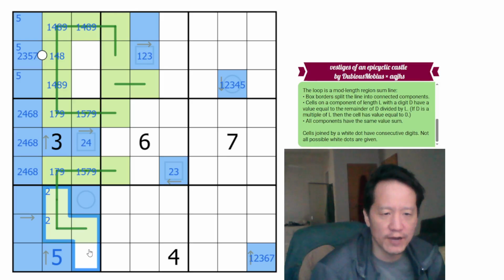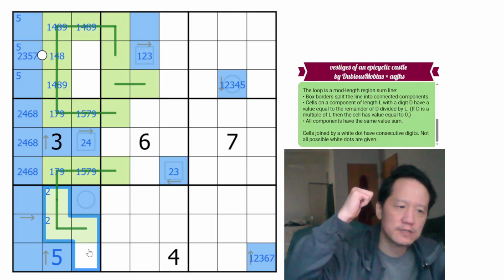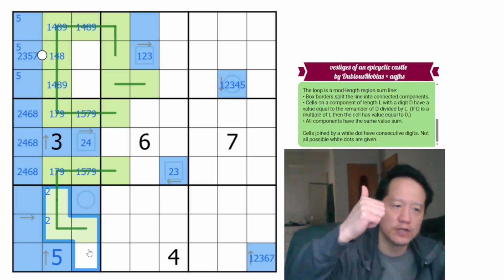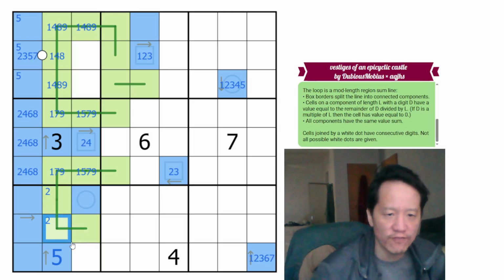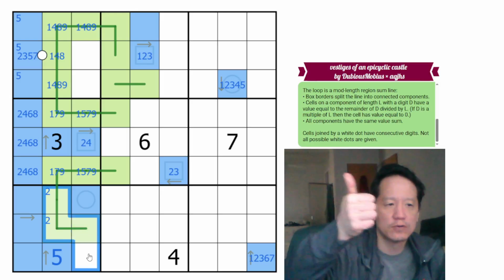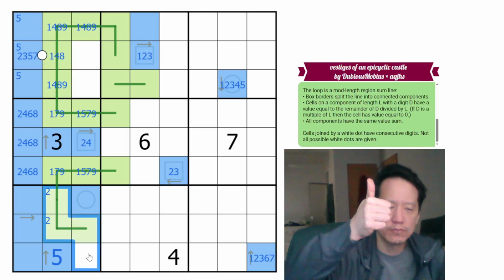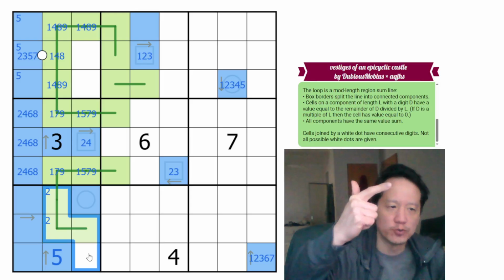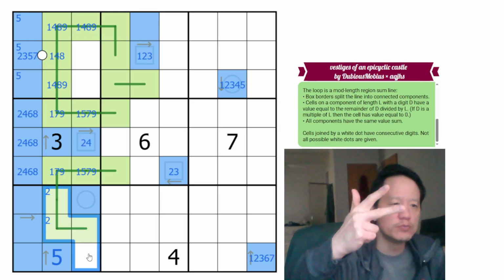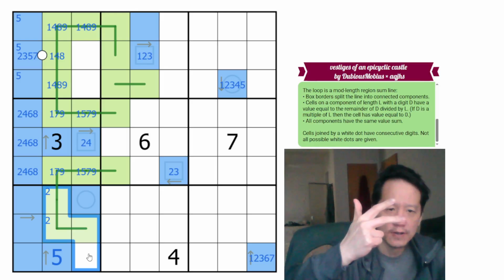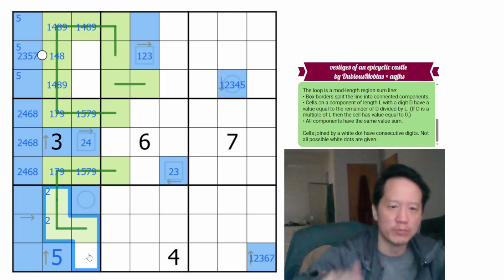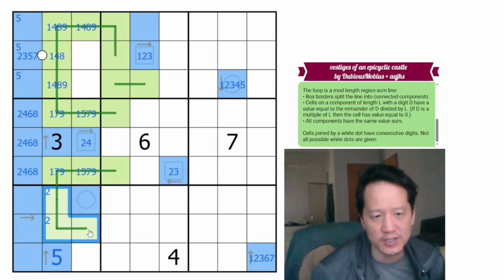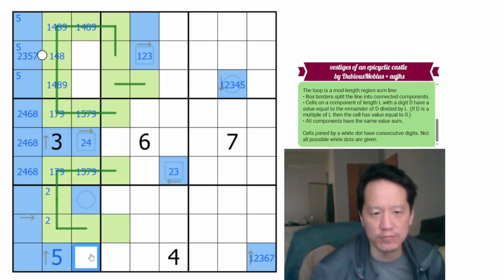So if this is length 4, you'd have a 0 mod 4, which would be 4, and another 0 mod 4, which is 8, but a 2 mod 4, which is 2, and then at minimum a 1 mod 4, which doesn't add up. So therefore, this cannot be 4 here. It has to exit out. So it exits out, which means this cannot be in the loop.